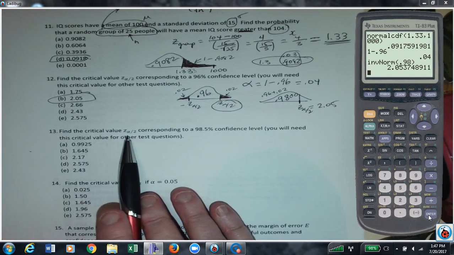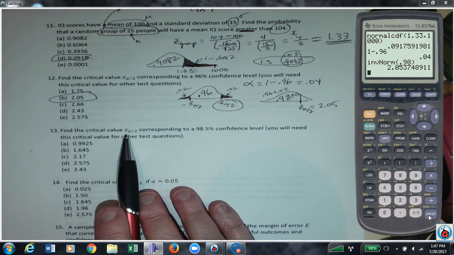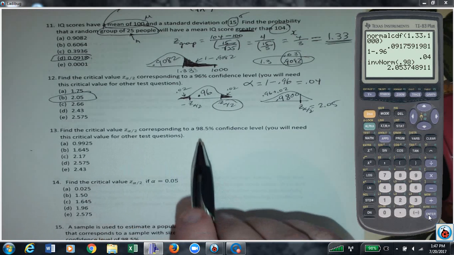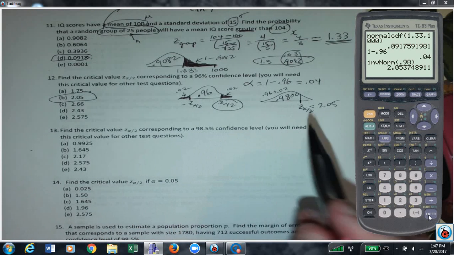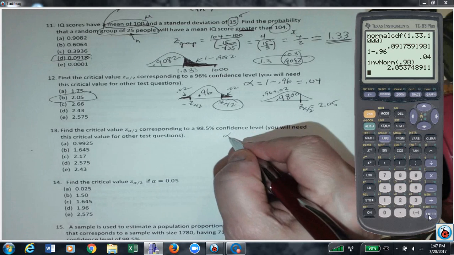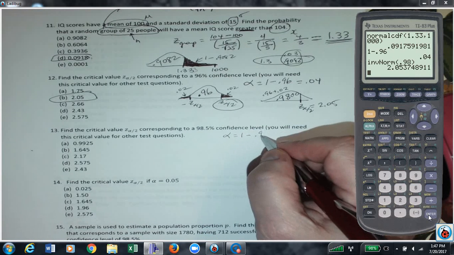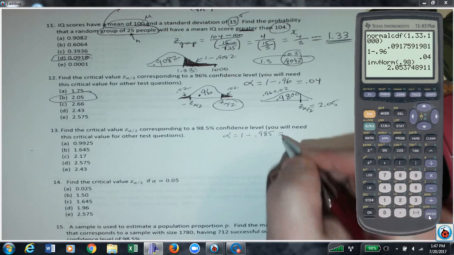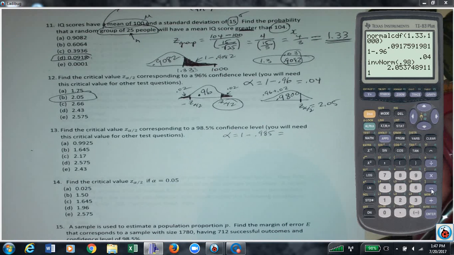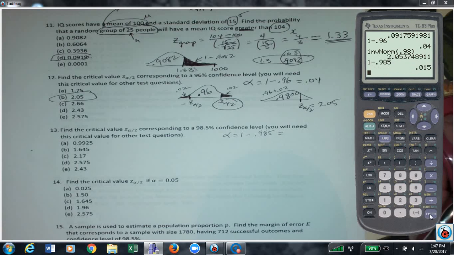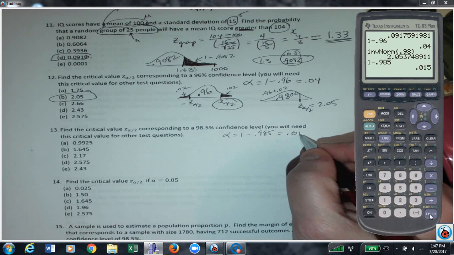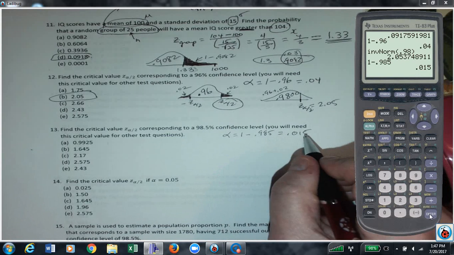On the critical value, again, Z of alpha over 2 corresponding to a 98.5% confidence level. Okay, so alpha is going to be 1 minus 98.5 as a decimal. Which is going to be 0.015, but that's alpha.